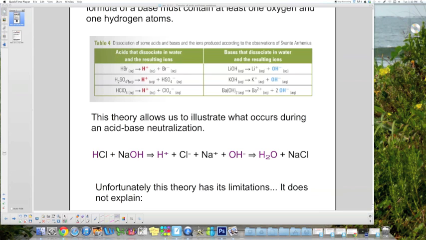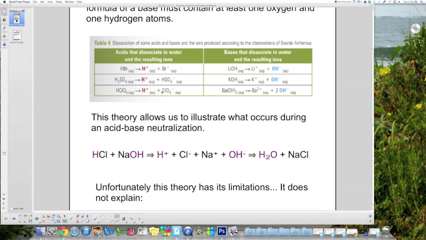If we have H2SO4, an H plus is released, and the rest of the molecule, HSO4, carries the charge of -1 to balance out the positive charge.